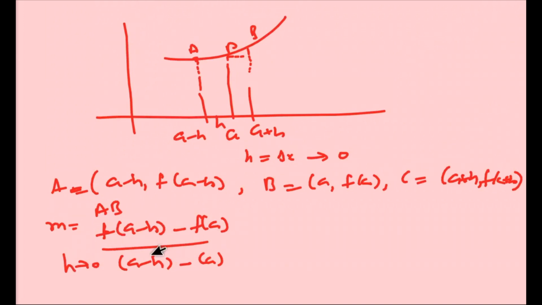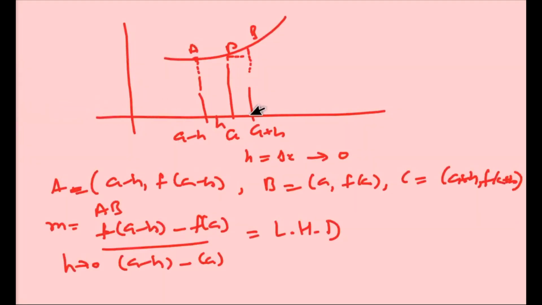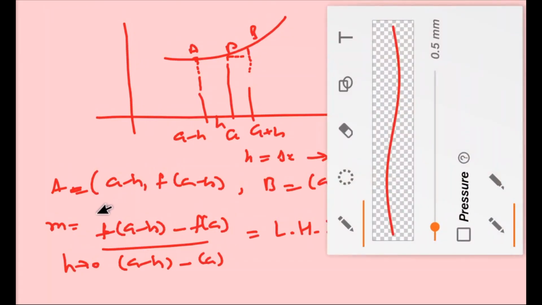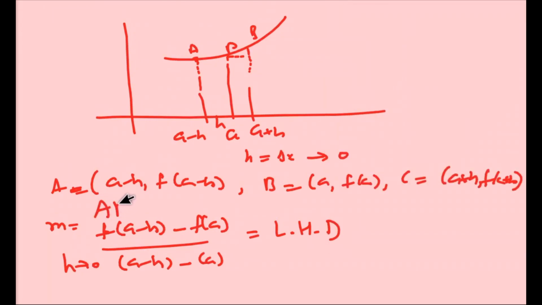Okay, so this is known as the left hand derivative, LHD, at x equals a. And similarly, we take it for AP, and now take it for AB, PB.